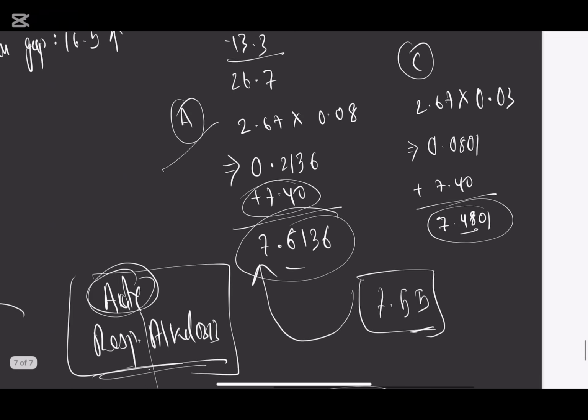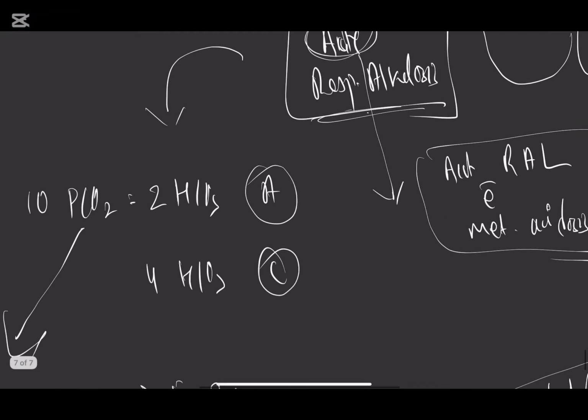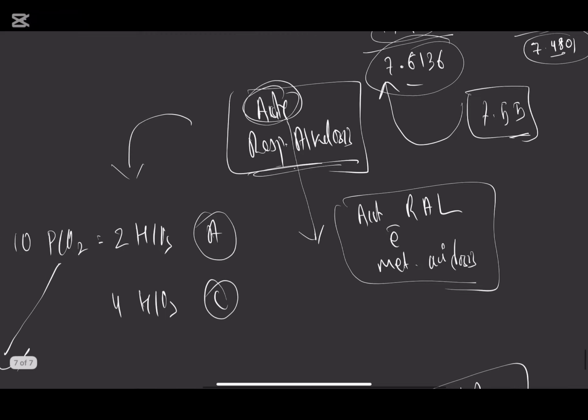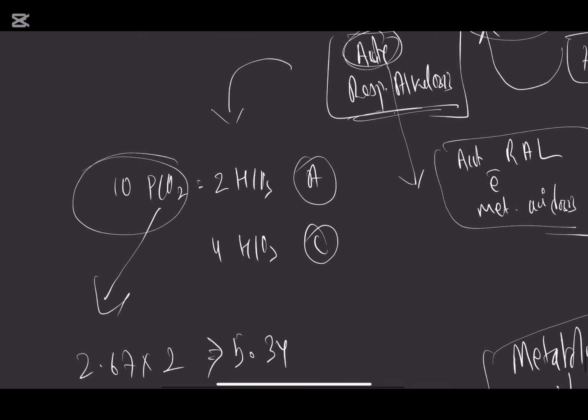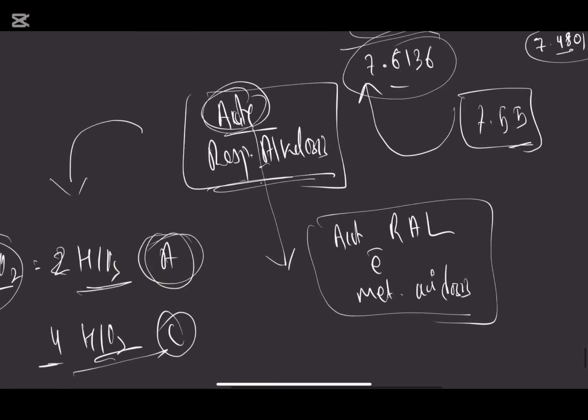After finding acute or chronic, we should check the bicarb level, and we should check if there is any other disorder or not. We should know for every 10 change in PCO2, bicarb changes by 2 in case of acute and 4 in case of chronic conditions. So finally our diagnosis is acute respiratory alkalosis with metabolic acidosis.